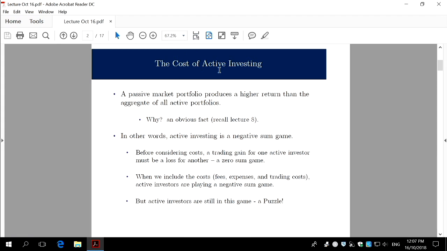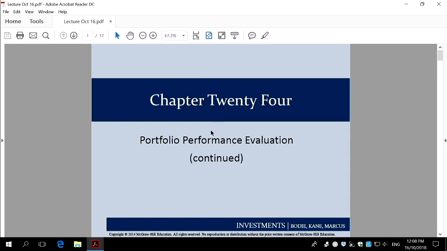It's actually a pretty important topic, but I don't know why our textbook didn't use a chapter to talk about it. So I want to cover this topic. It's not in this chapter, but it's related.